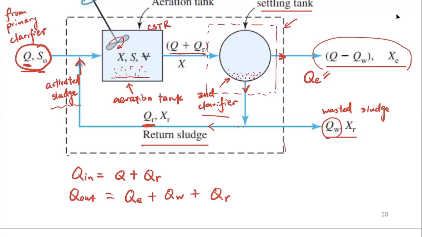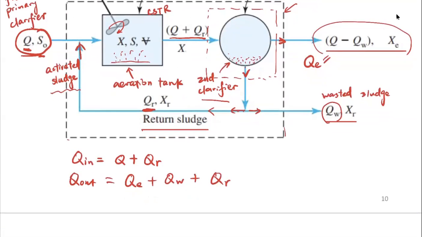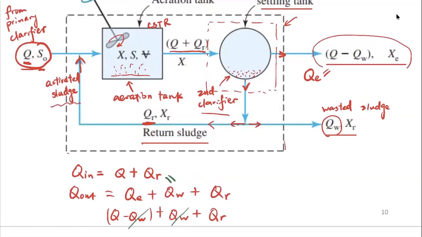This other flow coming out is the sludge flow, and that's split into two different flows: one is the waste and the other is the return sludge. So you can see that here you have Q minus QW, and then this is going to be QW, and this is going to be QR. So these two are equal to each other, because the QW gets canceled. So basically this is the mass balance of the water in the system.